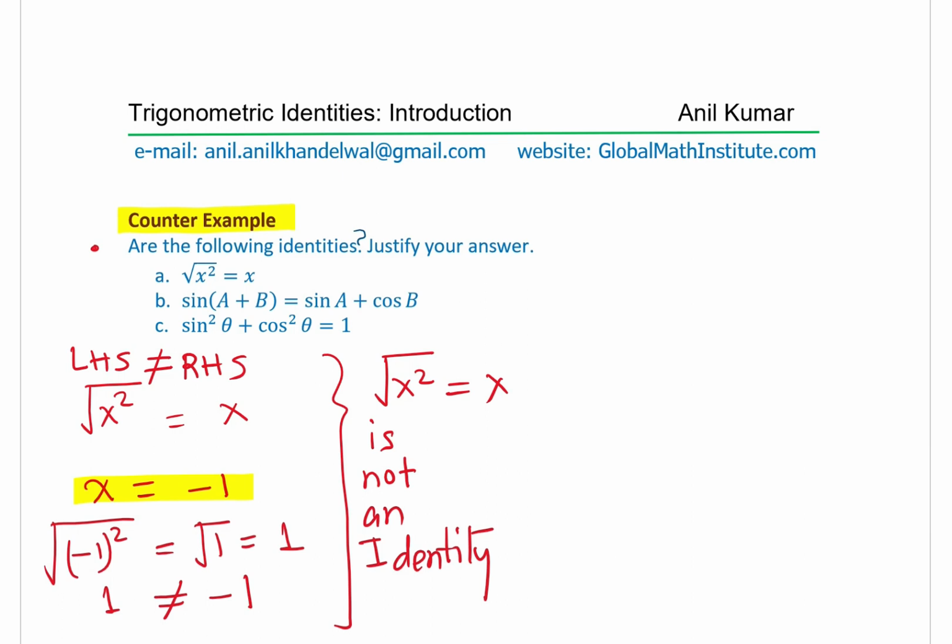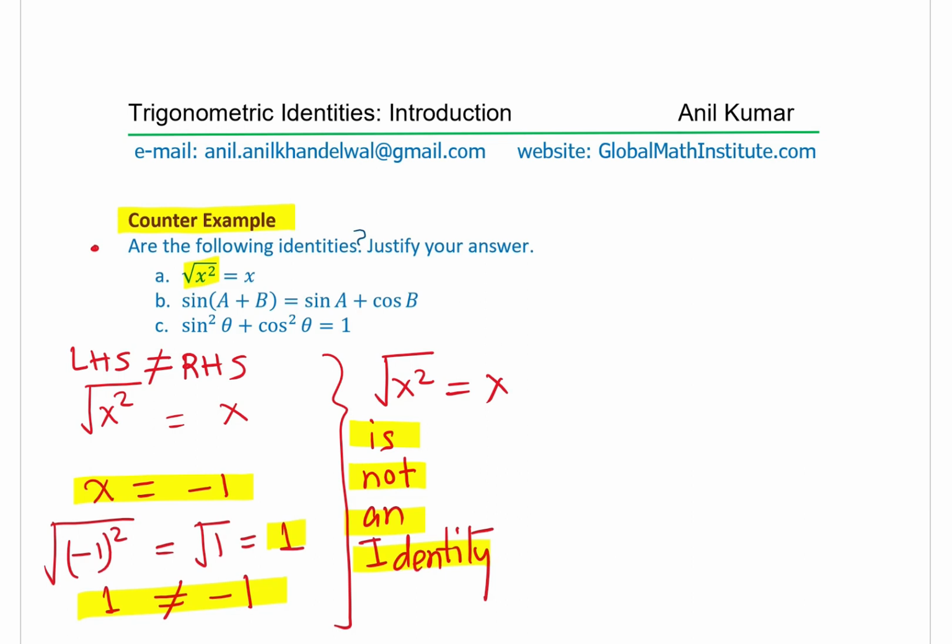When I substitute minus 1 on the left hand side, I get plus 1. And now, plus 1 is not equal to minus 1. And therefore, this equation is not true for all the values of x. And so, it is not an identity. Is that clear to you? So that is the concept of counterexamples.